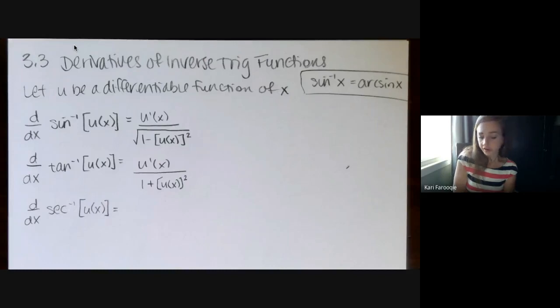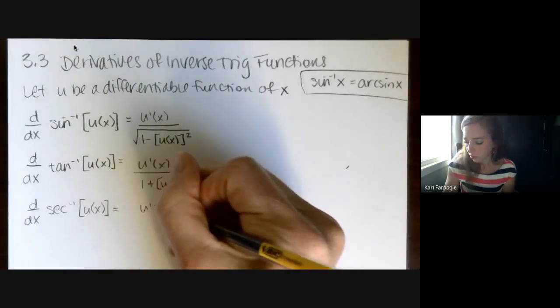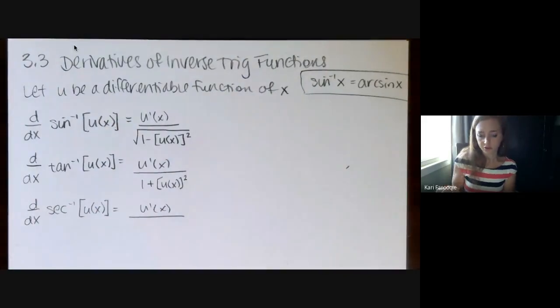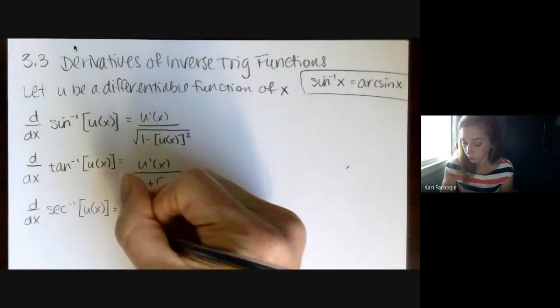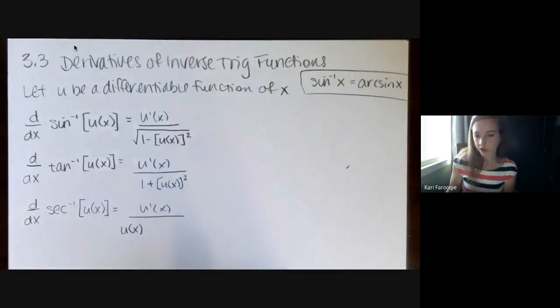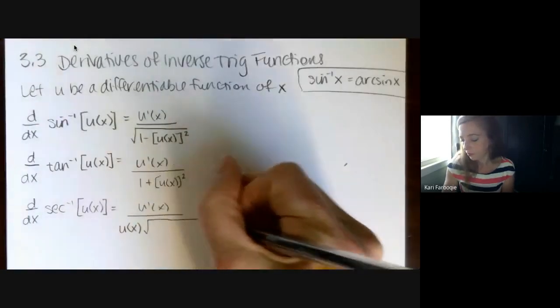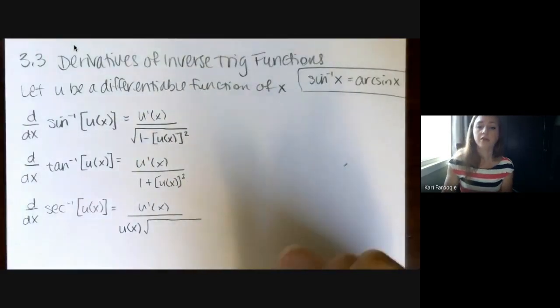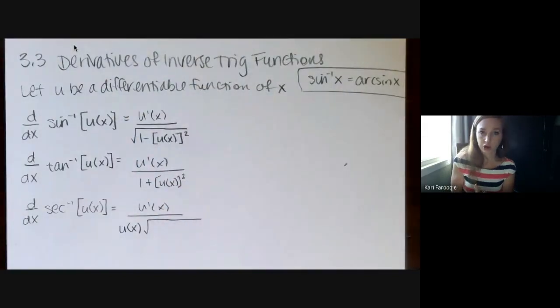Now for the inverse secant, again, you're going to have u prime in the numerator. And this one's going to look similar to the inverse sine. The difference is, well, there are a couple differences. You are going to have a factor of u of x in the denominator in front of the radical. So you don't have that with the inverse sine. Then you're going to switch the order of subtraction.